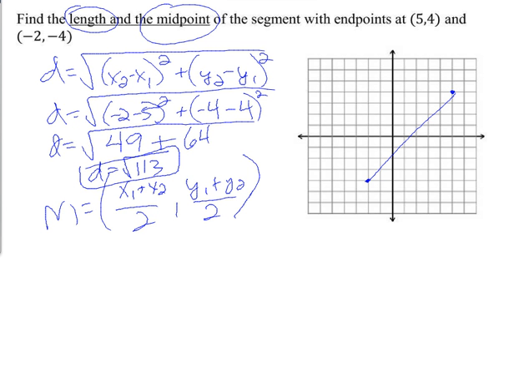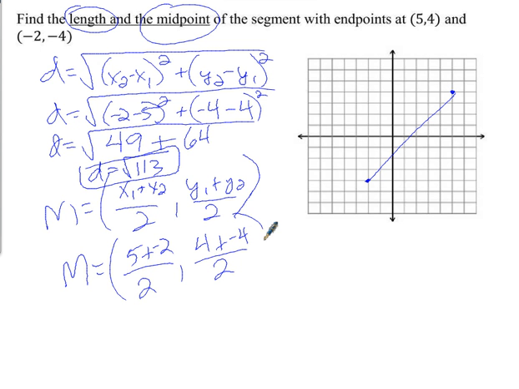Let's substitute in what we know for the midpoint so we can get the second part of the problem. Capital M equals, parentheses, 5 plus negative 2 divided by 2, comma, 4 plus negative 4 divided by 2.